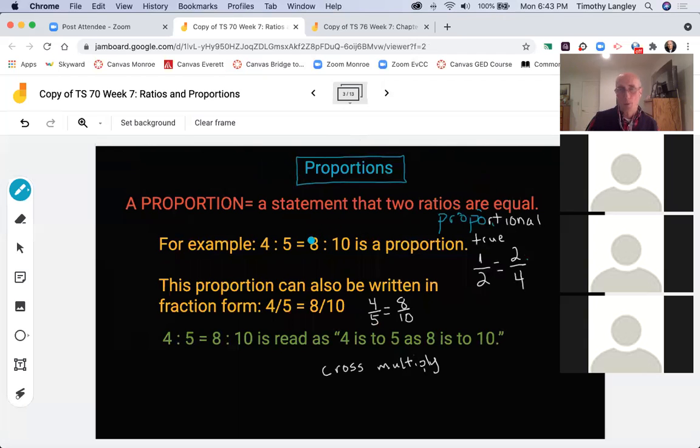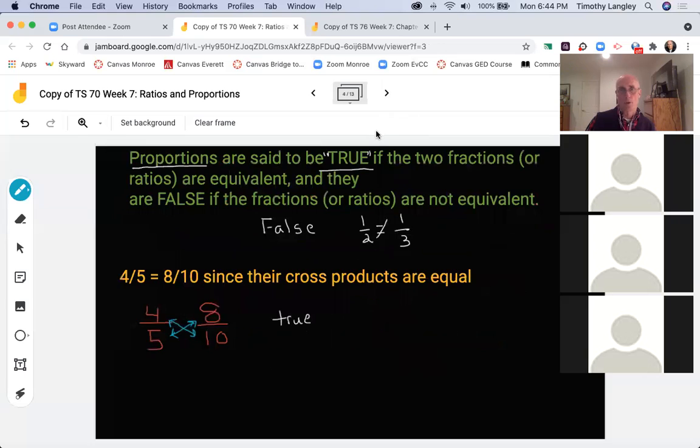We talked about proportions, and that's basically 2 ratios set up side by side. Another way to look at it is that proportions are 2 fractions set up side by side. And we learned that they are true or proportional if I cross multiply and I get the same exact answer, then I know those 2 fractions are equal or equivalent. So we can say they're true or they're proportional.